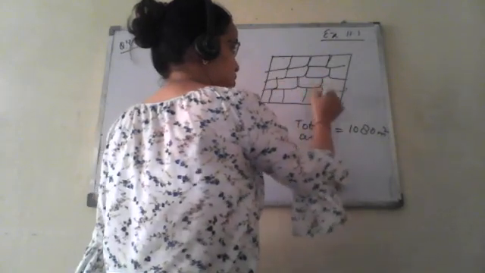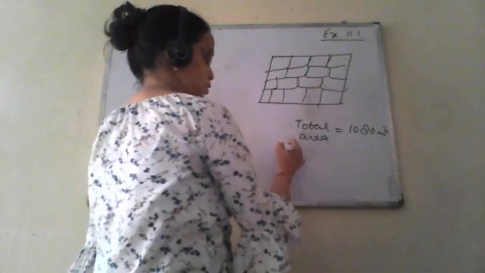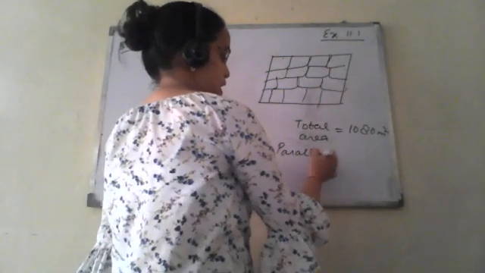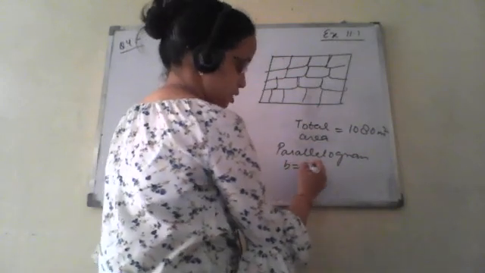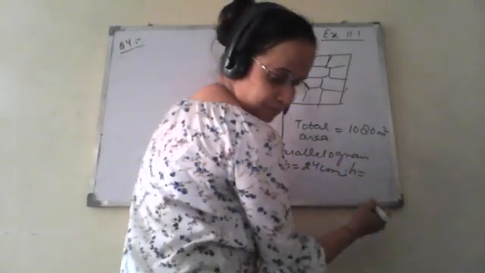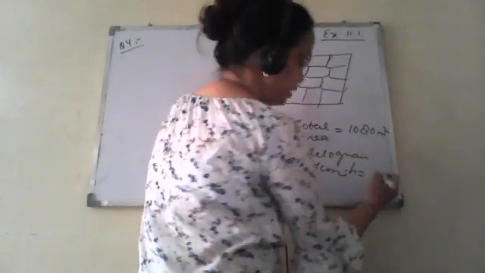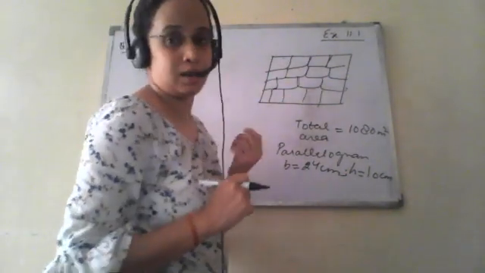So these are tiles, suppose, and the shape of this tile is a parallelogram, whose base is 24 centimeter and height is 10 centimeter. Now we have to calculate how many tiles are required.